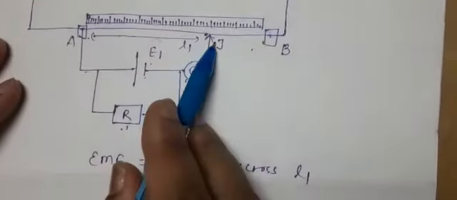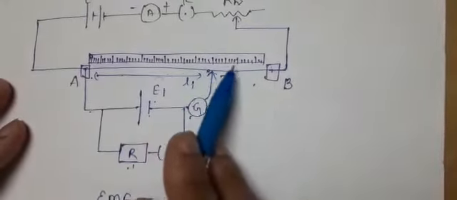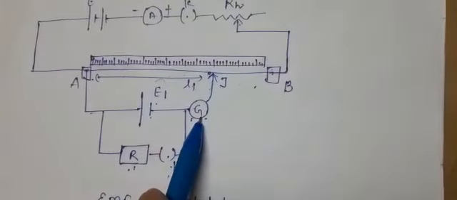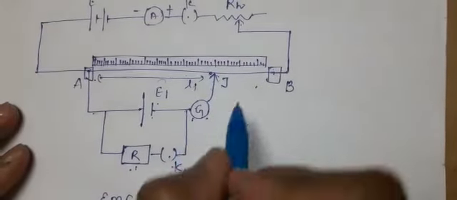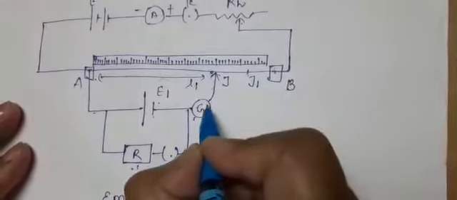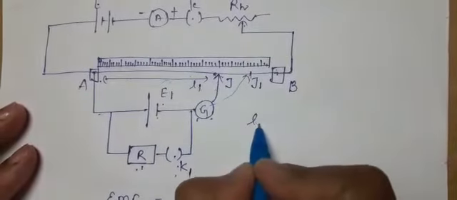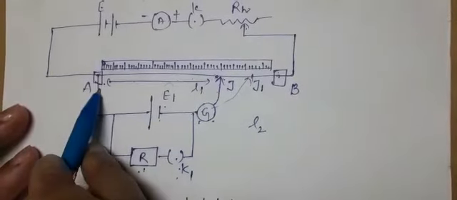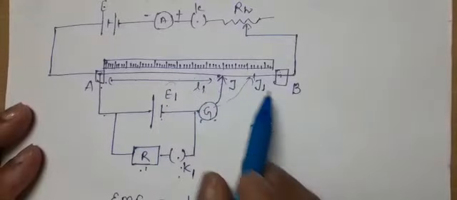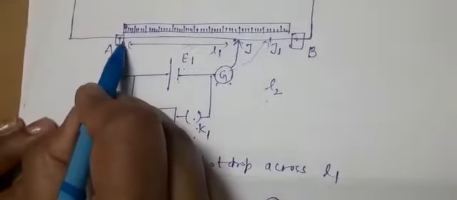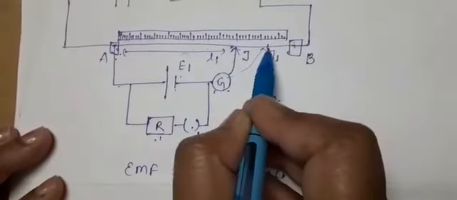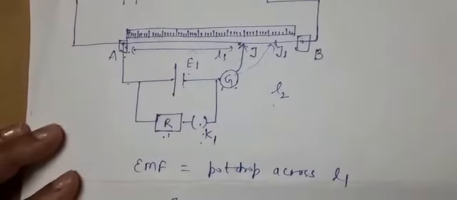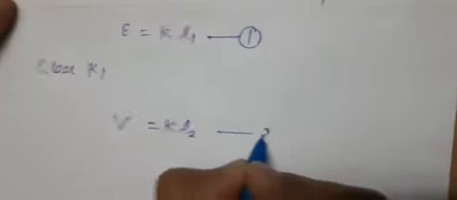When the jockey is at the position on the wire where the galvanometer is not showing any deflection, let that position be G1 and the corresponding length be L2. That means from A to this point, this length is L2. The potential drop from A to this point is proportional to length, so it will be equal to KL2.